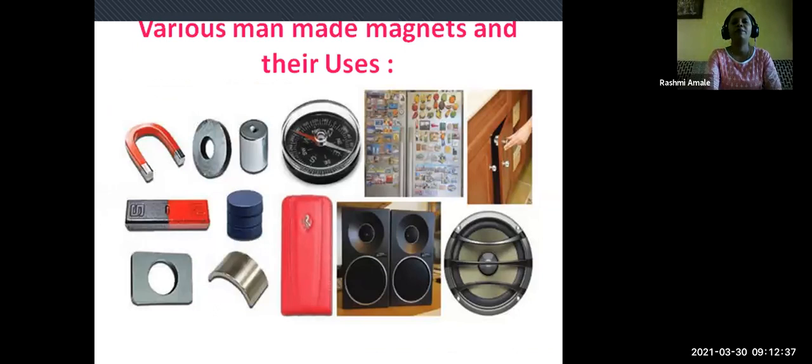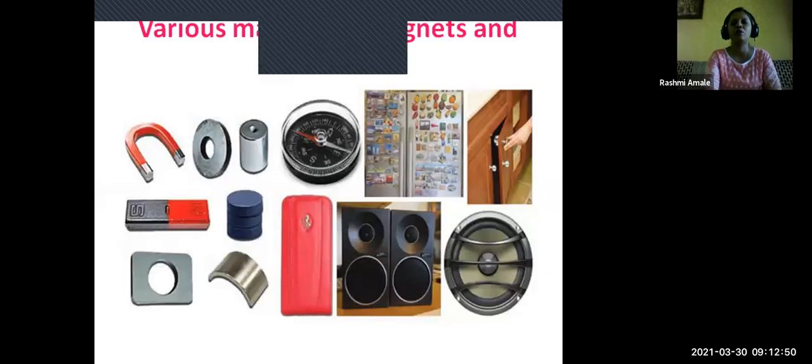So various man-made magnets and their uses. Again, on the left-hand side, you can see different shapes of magnet. These are man-made magnets. And on right-hand side, you can see their uses. They are used in the doors of cupboards, on the refrigerator, in the speakers, in the wallets. All these magnets are used.